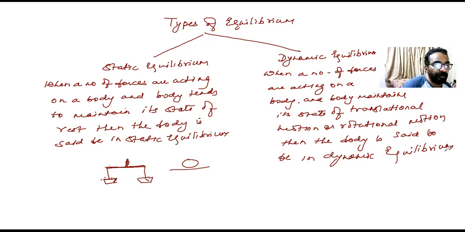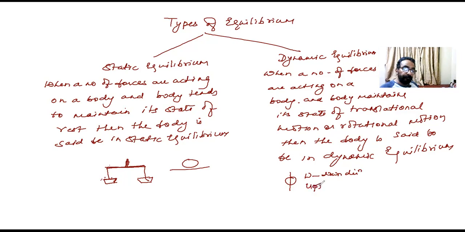Like for example, here a raindrop. The weight of the raindrop acts in a downward direction. Whereas the upthrust due to the air is acting on this raindrop. Also the force of friction is acting. So the weight acts downward, please have a look here.